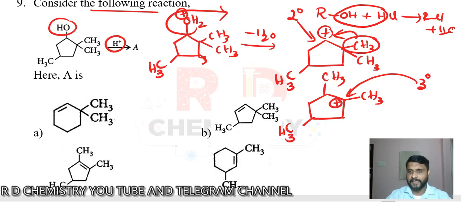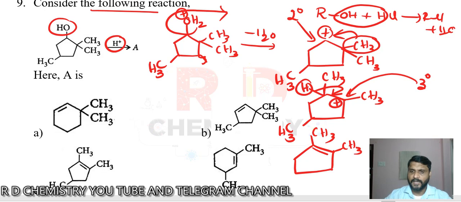Now it should form an alkene. Therefore, the hydrogen which is here should be lost, and a double bond should be formed like this. So the final structure would have the double bond here. This is a CH3, and this is a CH3 here, and this is a CH3. This is the preferred product that is formed.